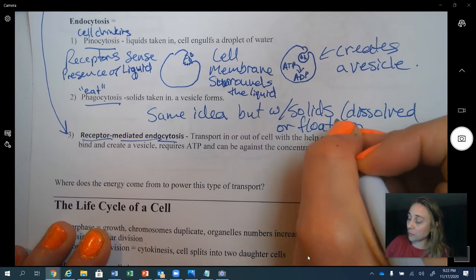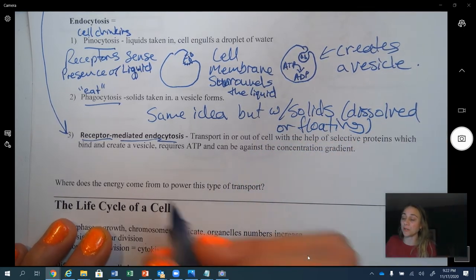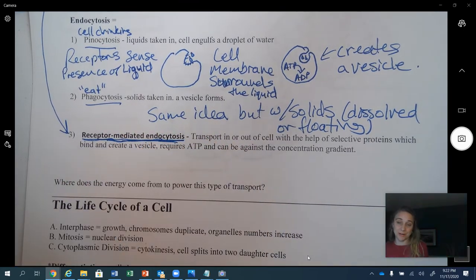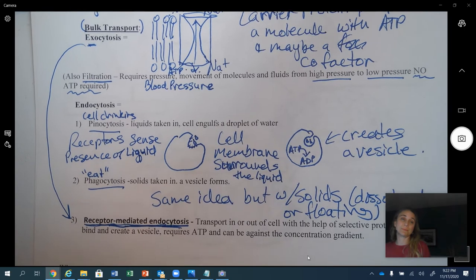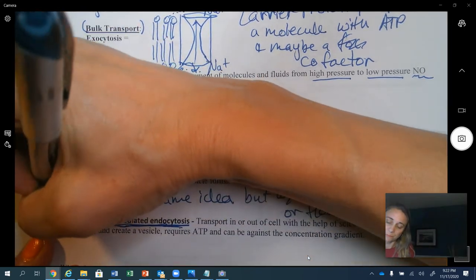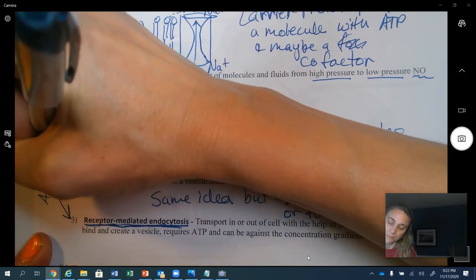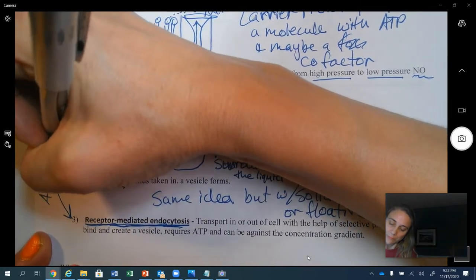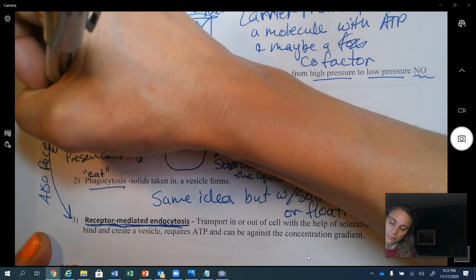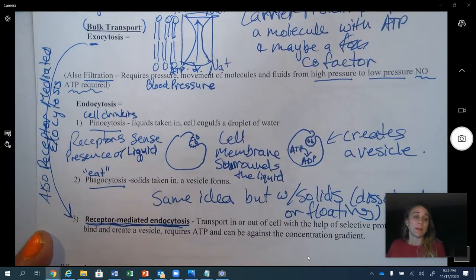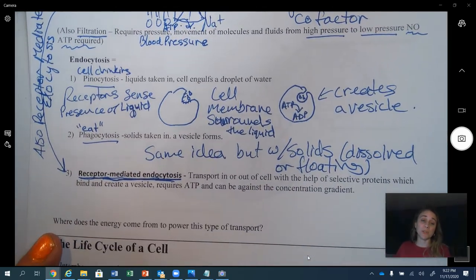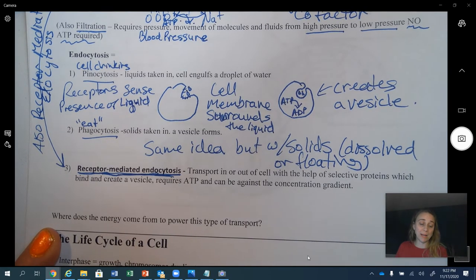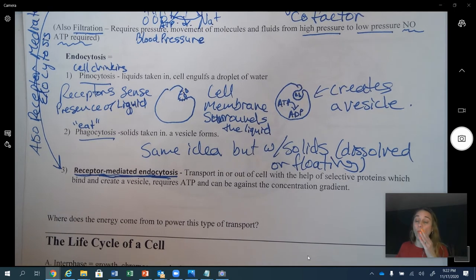The next type of transport is receptor-mediated exocytosis, is what I was trying to say. Maybe I'll write that down here too. But we're saying endocytosis into the cell, it's just a selective protein which binds one-to-one.